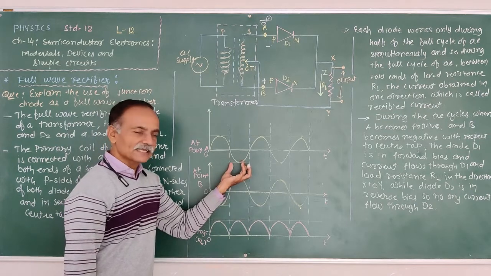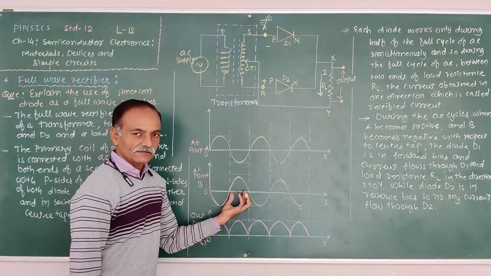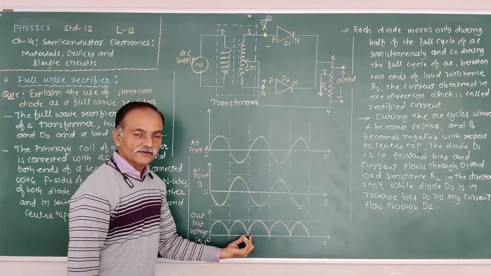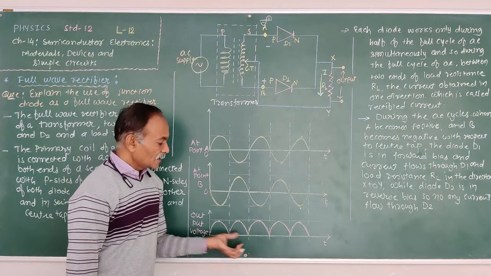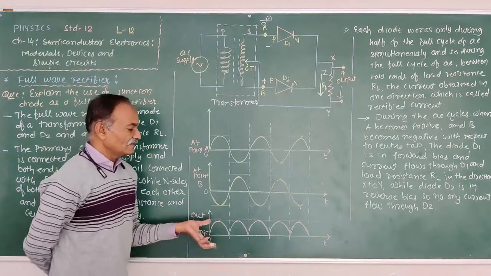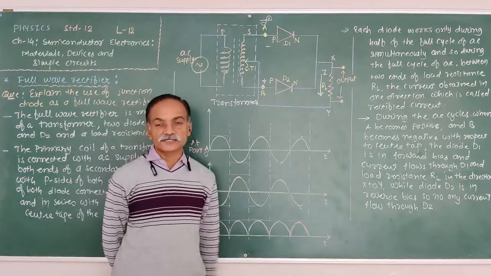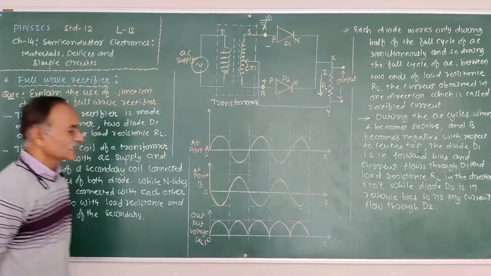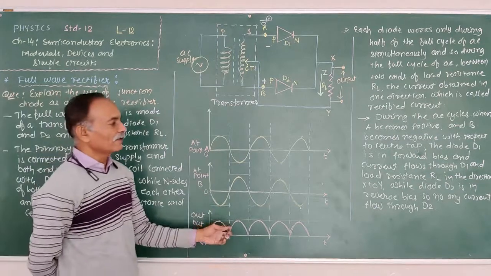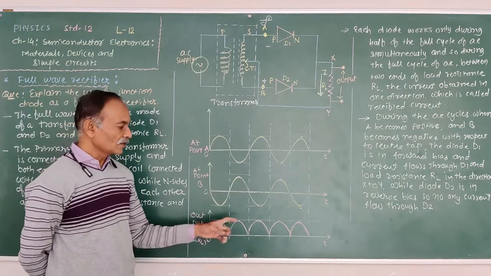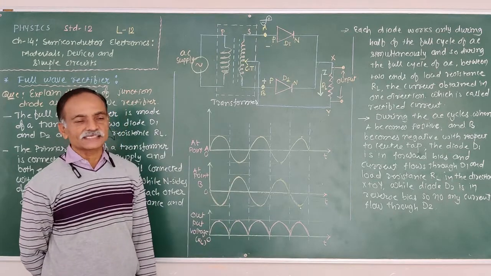During the negative half cycle, diode D2 is active, that means it is in forward bias, and we obtain the output voltage across the load resistance. So during both half cycles, the full cycle of the AC, we obtain the output voltage across the load resistance. Clear? So that is the graph, the waveform of the voltage at points A and B, and also the voltage across the load resistance RL.